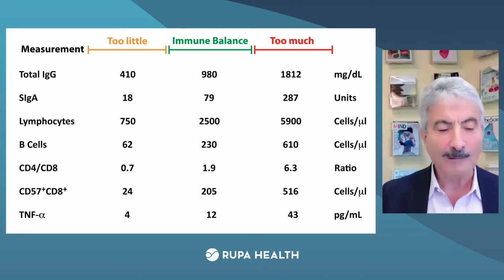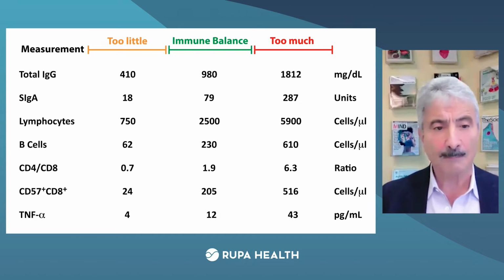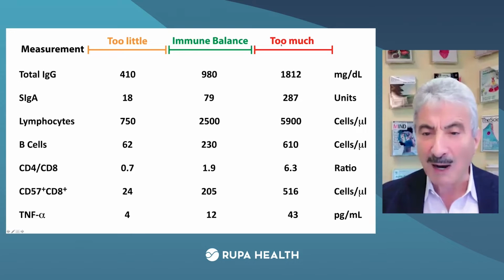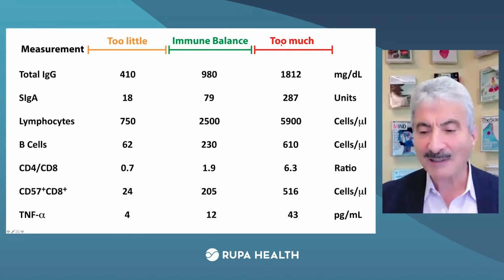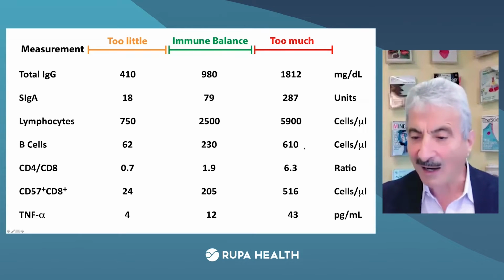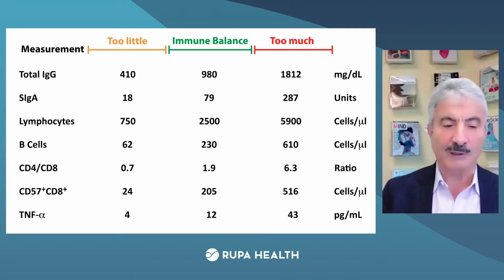And therefore, because the numbers are low, the probability of having low total IgG or secretory IgA is also very high. When we look at the one with too much or hyperactivation of the immune system, when the number of B cells is high, they are going to produce more antibodies, resulting in a high level of total immunoglobulins or secretory IgA.